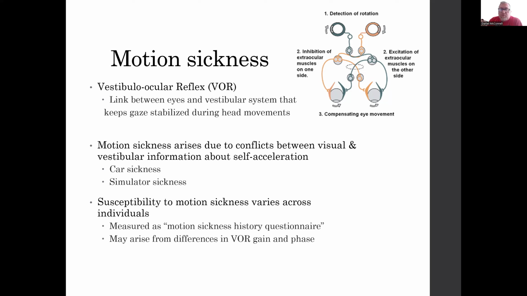You can also have too low a gain, in which the counter rotations of the eyes are insufficient. And in those situations where the gain in the system is off, or the phase is more like a lag in the system, that could cause the counter rotations to be insufficient, and that might mean that that person's VOR reflex is really not as stable as another person's, and that might mean they're more susceptible because of that.